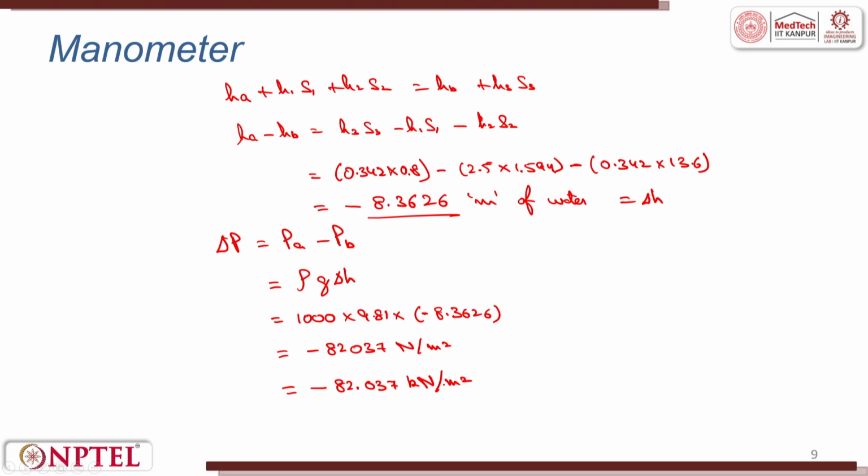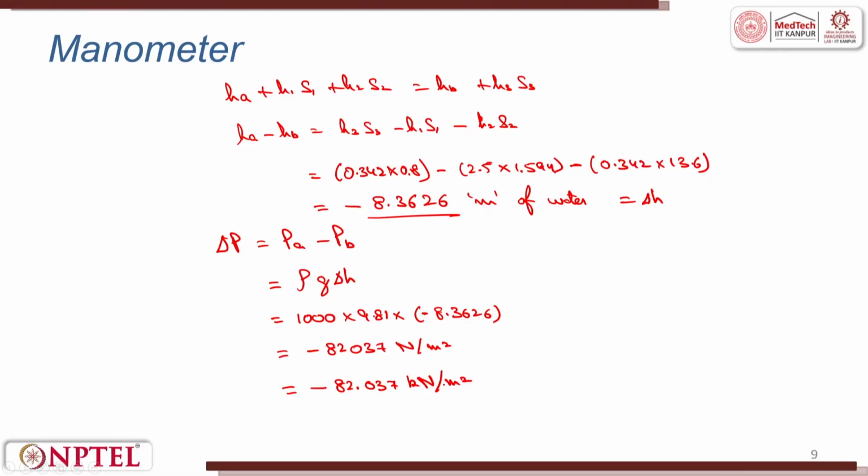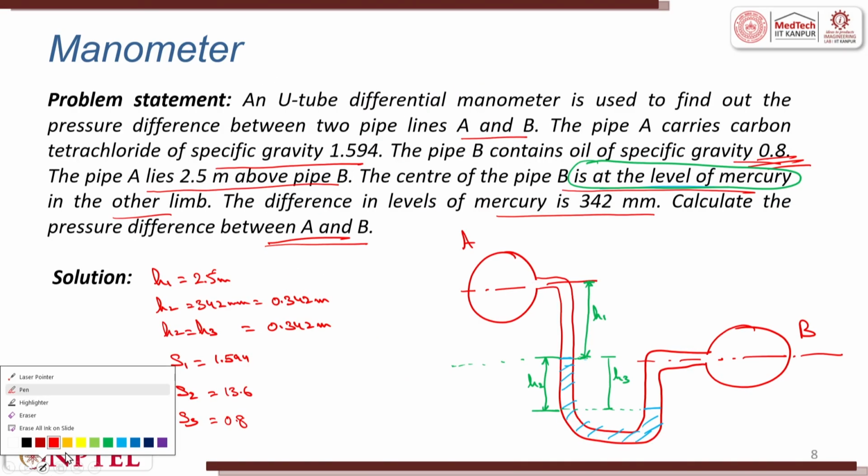So this was majorly regarding the manometer. We discussed about the manometer with one end connected to the pipe. Then we discussed about the differential manometer when both the ends are connected to the pipes, and their difference pressure head is also being calculated in the terms of meters of water, in the terms of the kilonewton per meter square. So this pressure difference H value could be put here.